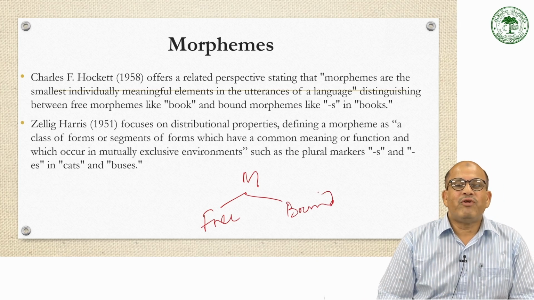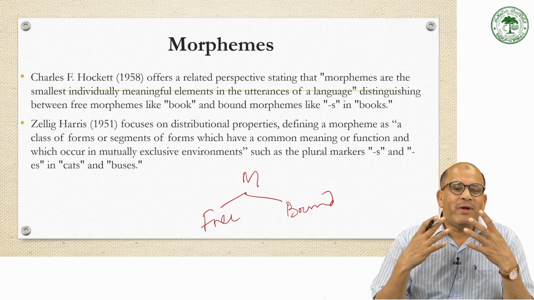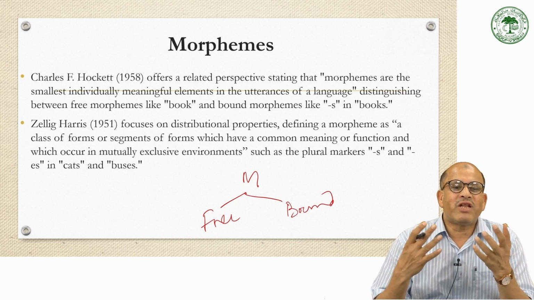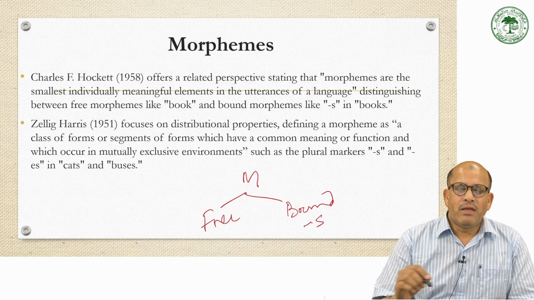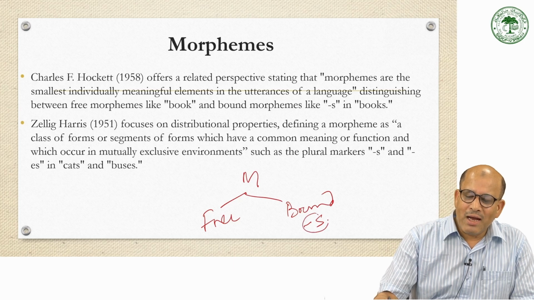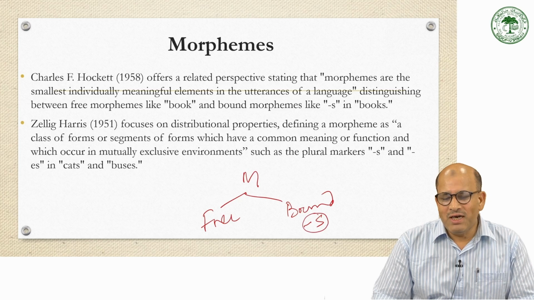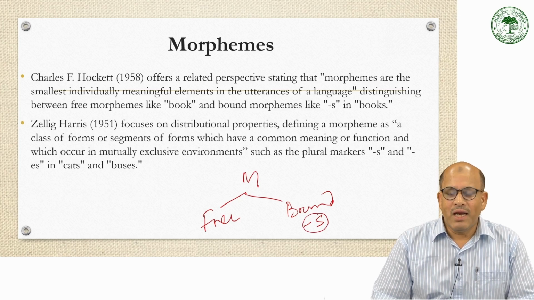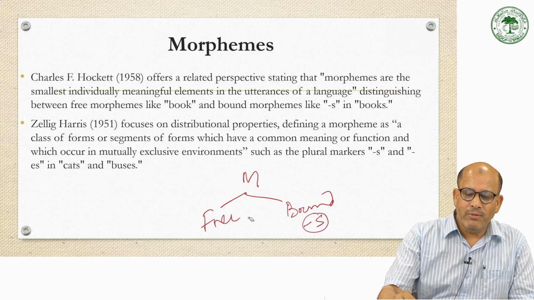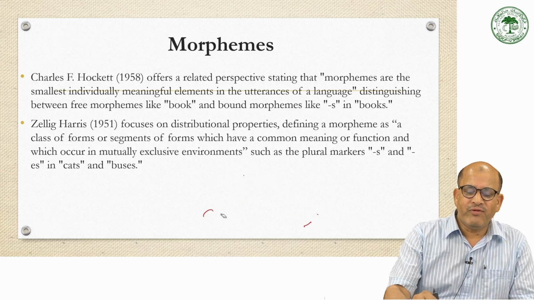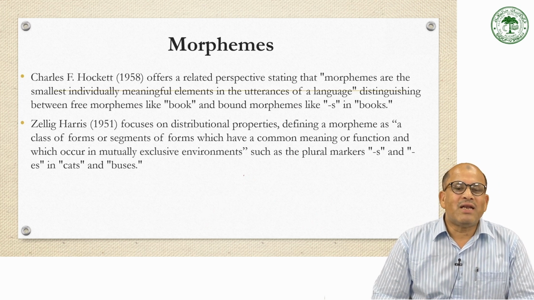A detailed description will come later, but for now, free means it can occur independently without any condition, whereas bound is like s in books. That s cannot occur independently. It has to take help from some other morpheme for its occurrence. So there are two kinds of morphemes, free and bound. Free morphemes are free to occur anywhere without any condition, whereas bound morphemes have to occur in certain environments, under certain conditions.